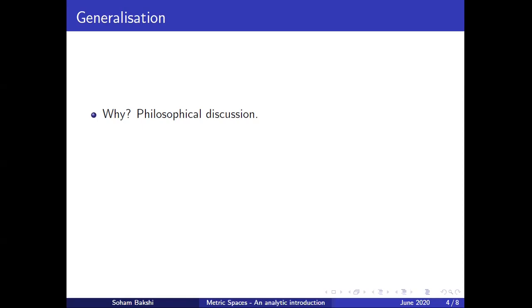We don't want to restrict ourselves to R. We want to do all such things, the properties we did in R, for any general set or for a bigger set. That is a philosophical way of thinking, and a philosophical reason to try out some generalization.